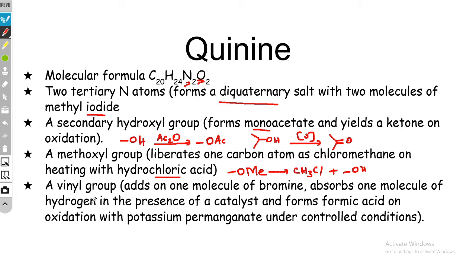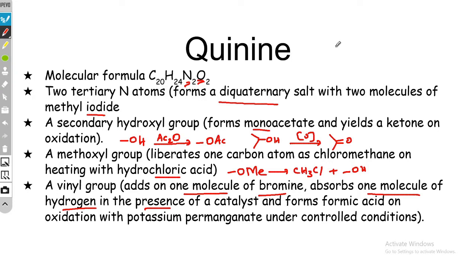Then this quinine molecule is found to be unsaturated. That is, there may be a double or triple bond, but it adds one equivalent of bromine and absorbs one molecule of hydrogen in presence of a catalyst. That indicates the unsaturation is a double bond.